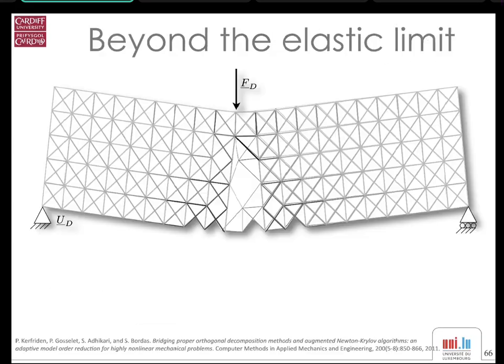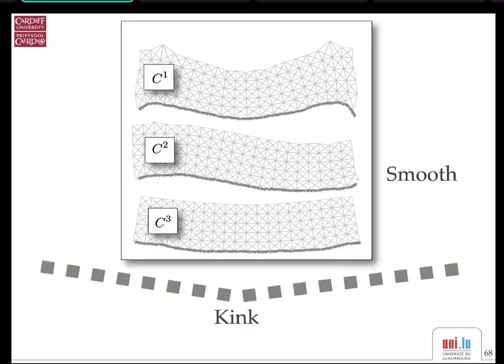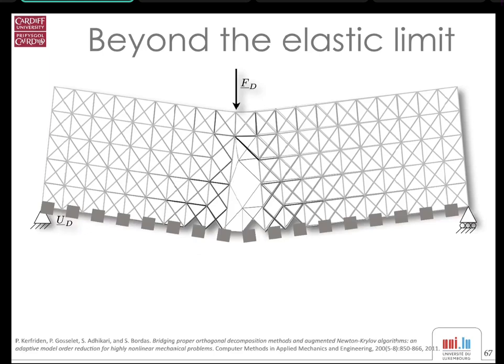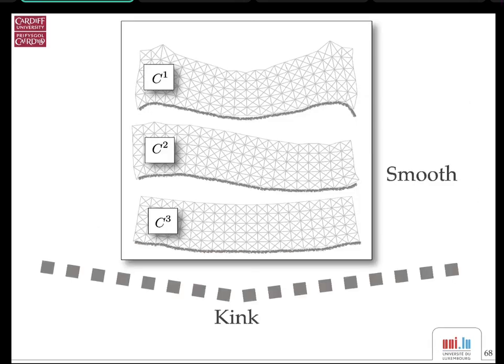And now someone gives you a load which is beyond the elastic limit, which means that all the modes you computed, you can throw in the garbage, because now you have a kink, because the beam is actually breaking. And if it's breaking, you have a jump in the first derivative here, and that jump cannot be taken into account by smooth functions.